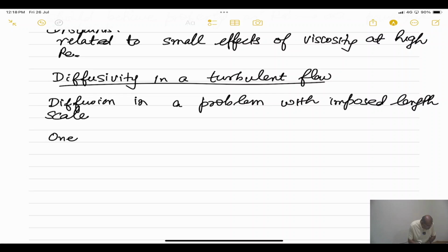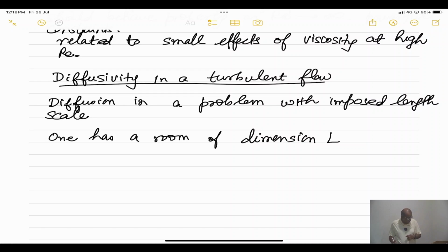So, let us look at a problem where one has a room of dimension L. Let us assume it is cuboidal in shape, so each dimension is L. Of course, I do not want to introduce multiple scales here, but even if 2L is there, the order still stays as L. Here L will be the height or the width, which is almost equal, and the length is about double that, so that also suffices.